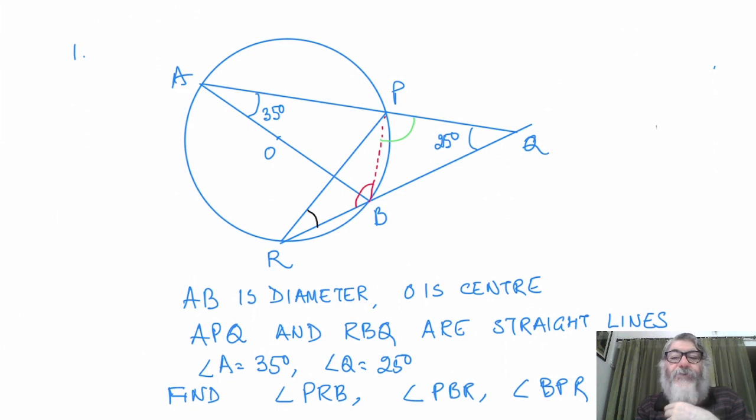For example, in this figure, if I take the chord PR, then the chord PR is dividing the circle into two segments. PRAP is the larger segment, and PBRP is the smaller segment.